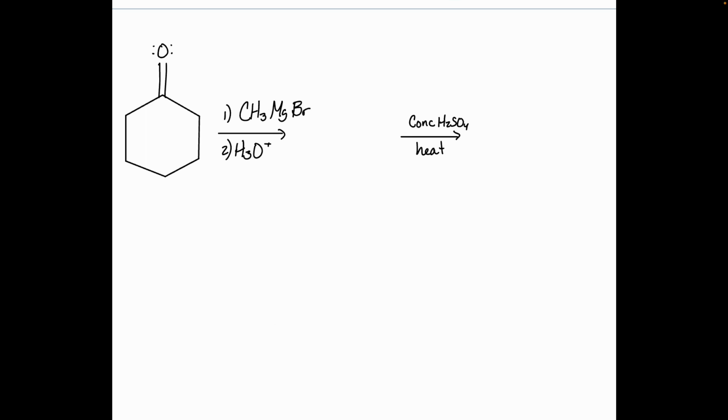And then we're going to do a dehydration using that concentrated sulfuric acid and heat. And we're going to compare that to what if we just did a Wittig reaction.